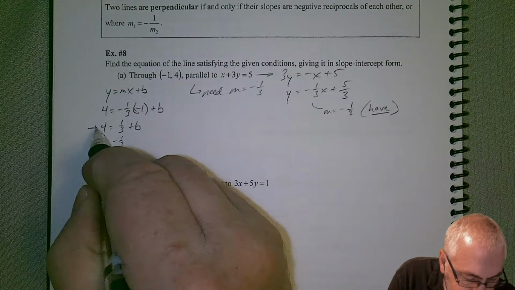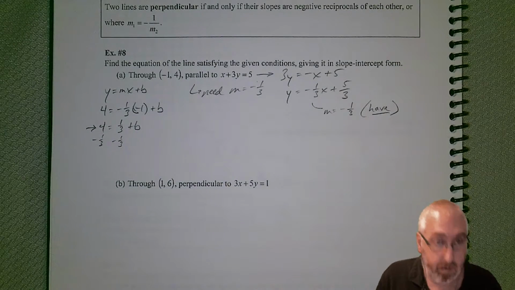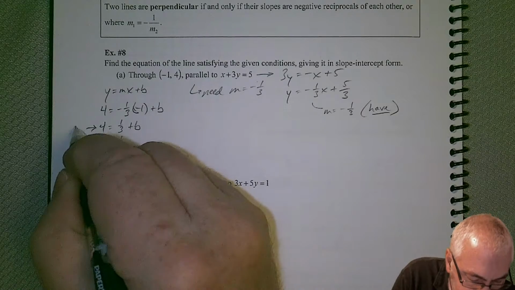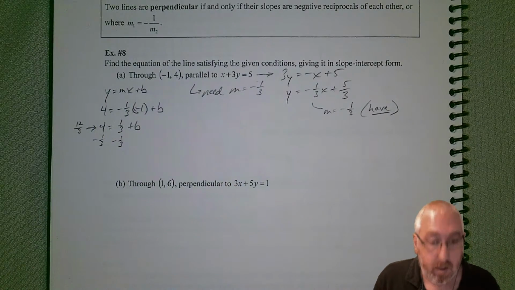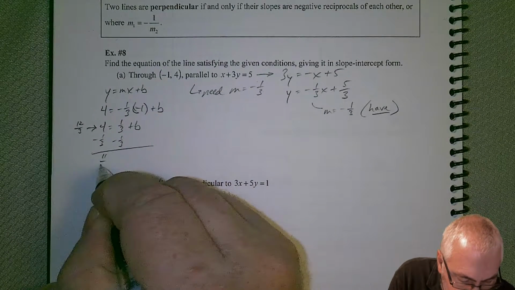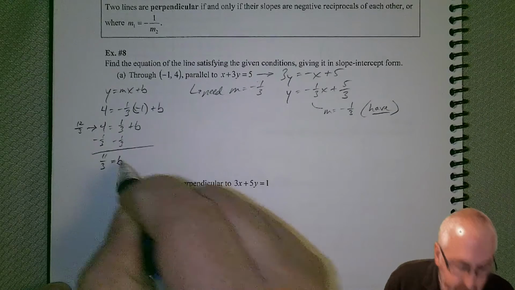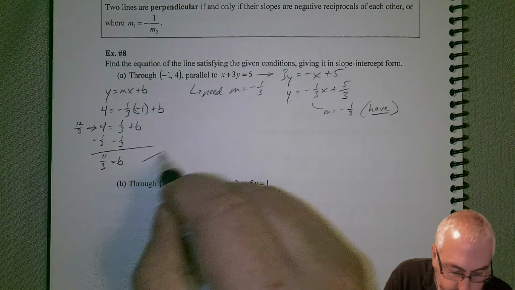Now, most people don't like fractions, but if we change it to thirds, that'll make life a little easier for us. So we know that this is 12/3. So 12/3 minus 1/3 better be 11/3. So b is 11/3, and now we're good to go.